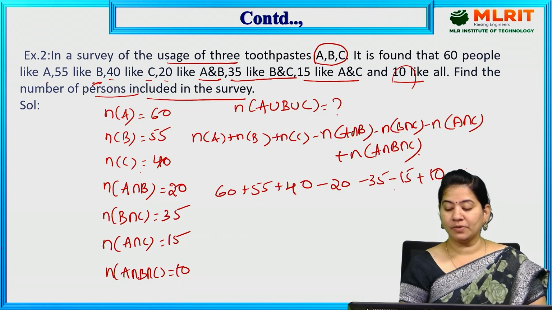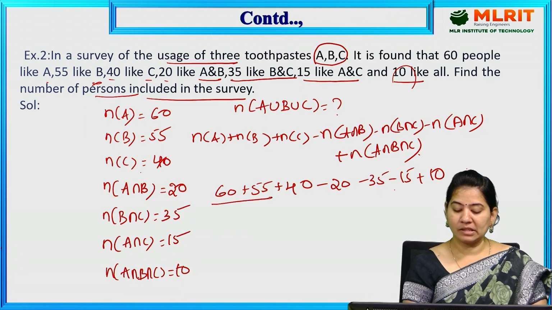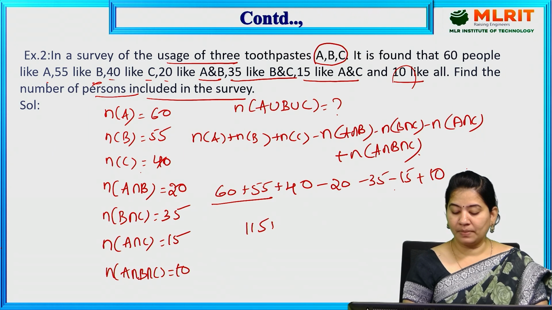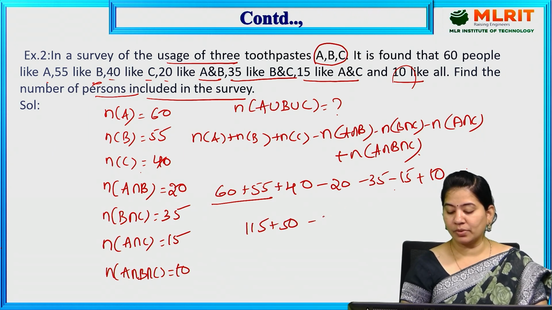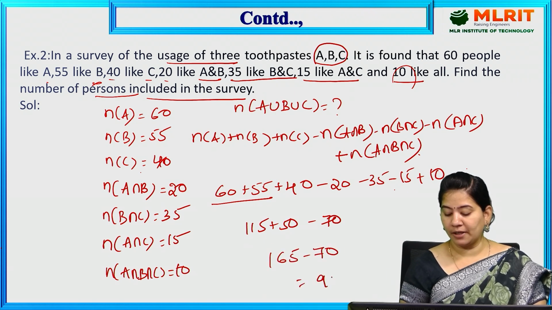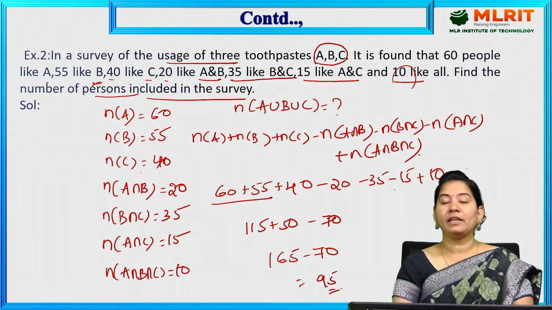So here if you observe, 60 plus 55 is 115, plus 40 is 155, plus 10 is 165. Now 20 plus 35 plus 15 is 70. So 165 minus 70, in total you will get 95.